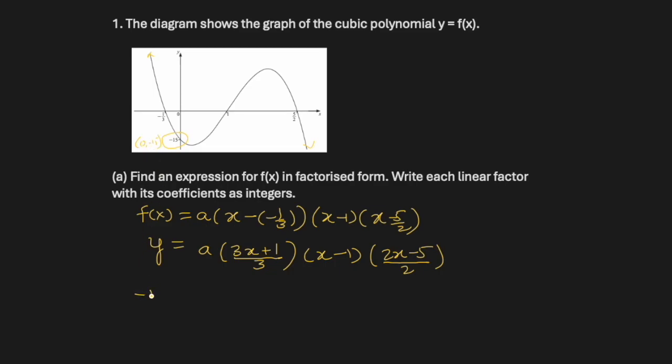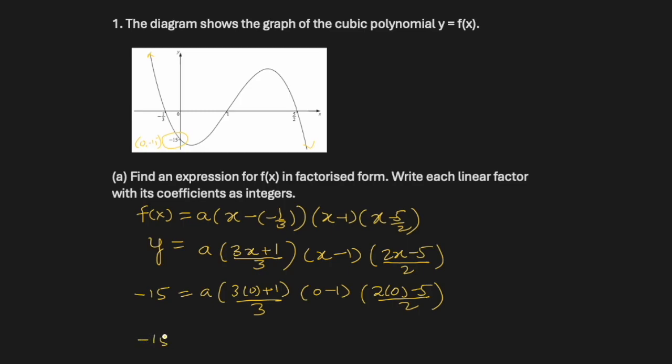So y is minus 15 equal to a times (3 times 0 plus 1)/3, (0 minus 1), (2 times 0 minus 5)/2. So what do I get here?